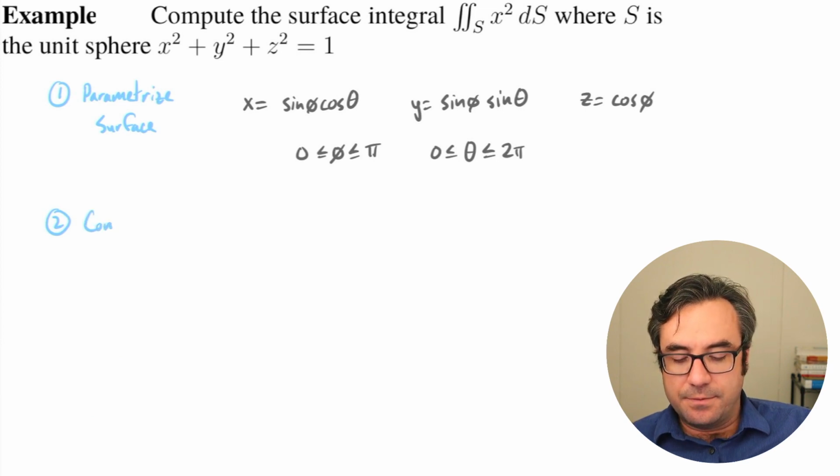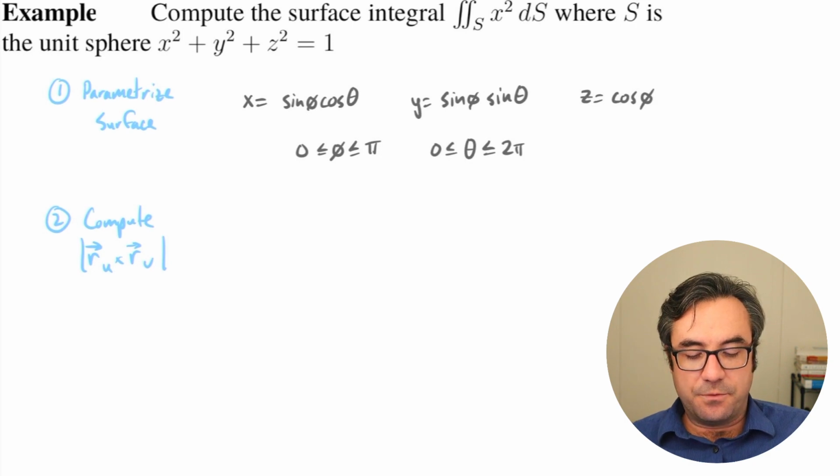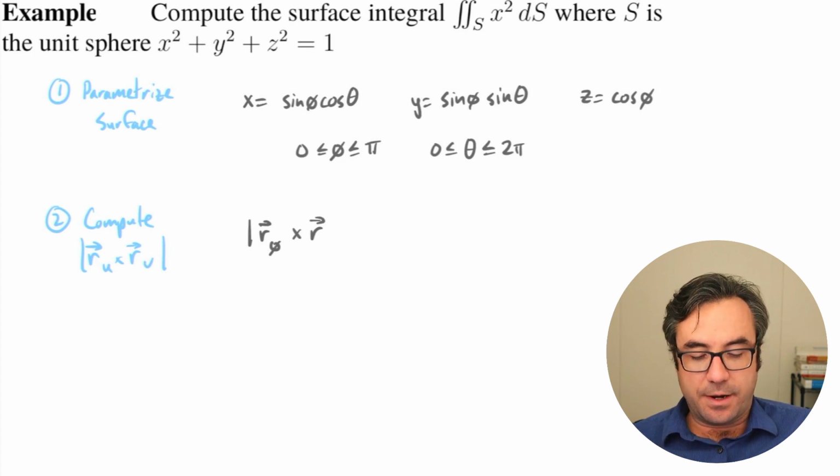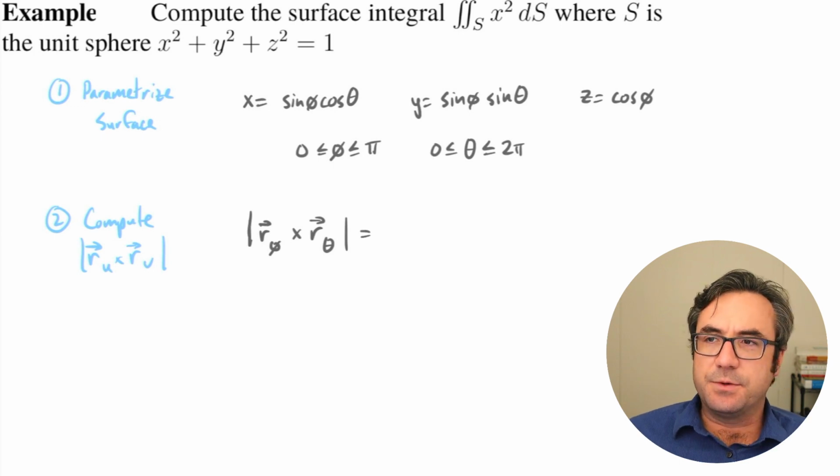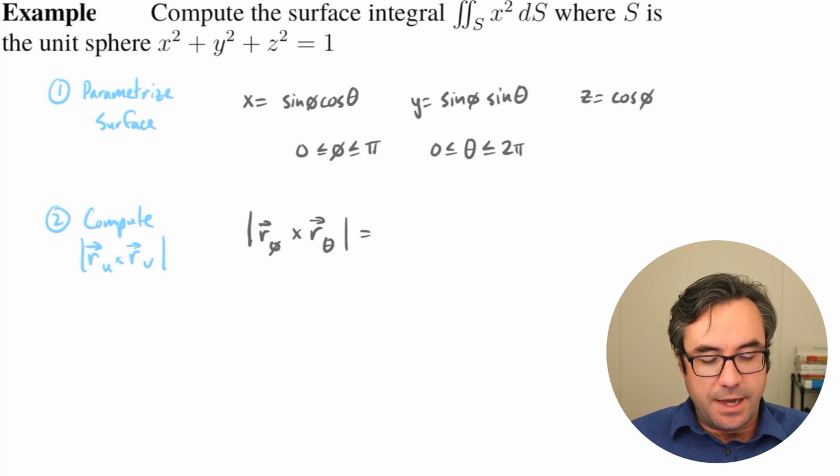This takes a bit of work: we want to calculate this r_u cross r_v. And for the case of a sphere, we found that the length of this cross product was the radius squared times sine of phi.